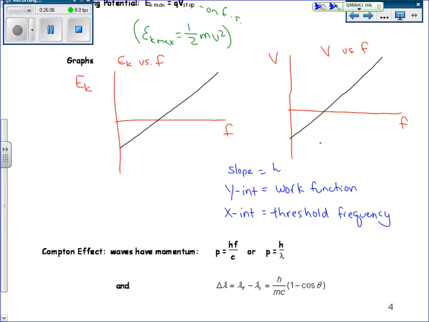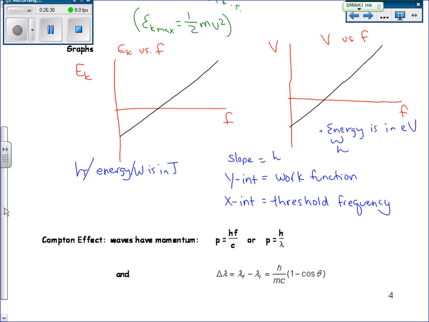For this graph, energy is in electron volts, and usually for this one, energy and the work function is in joules. So this would be energy, work function, and h are in joules. Energy, work function, and h are in electron volts for that.